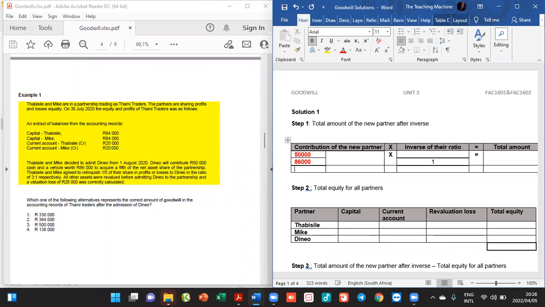Thank you very much, 136,000. Okay, so I'm going to try and be slow. Step number 1, I said total amount of the new partner after an inverse.